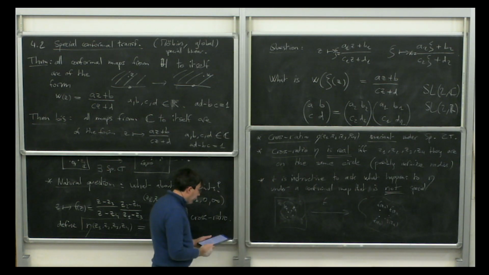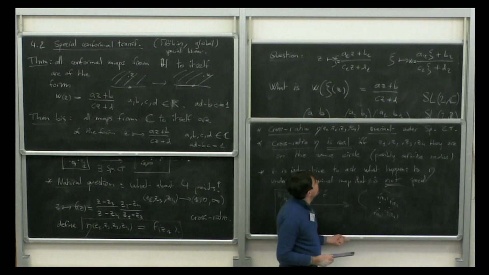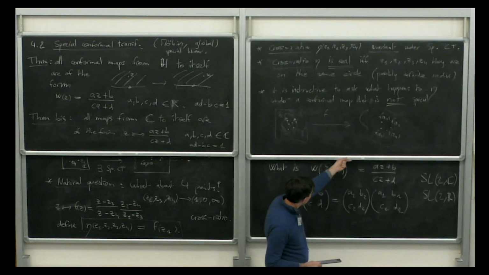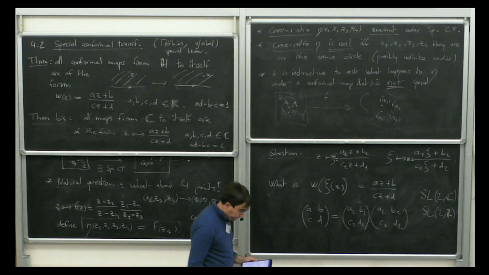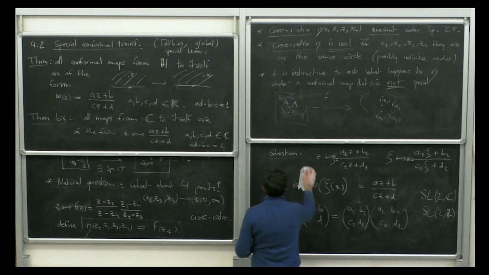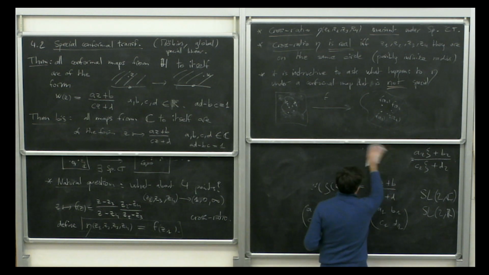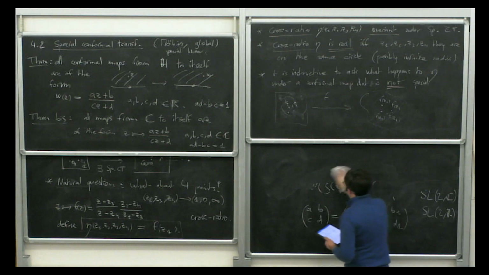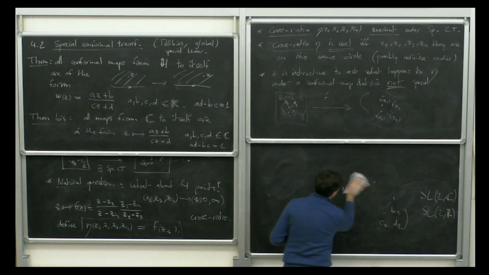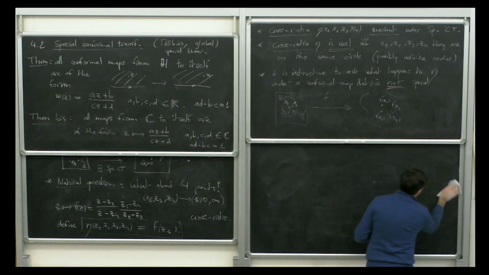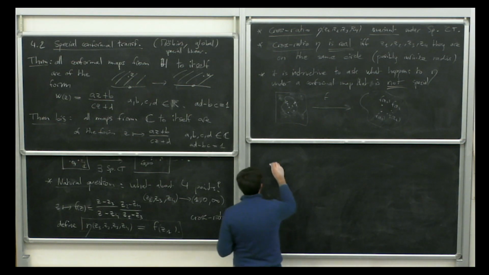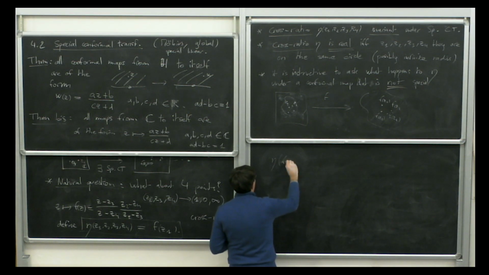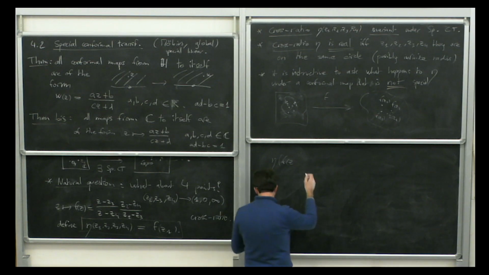Okay, and now the question I want to ask about this is, I have 4 points, so I can look at their cross ratio. Let me call the central point z.